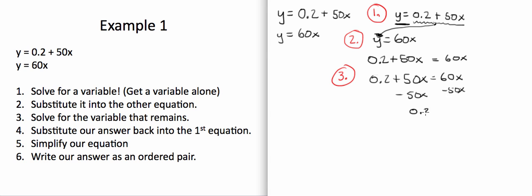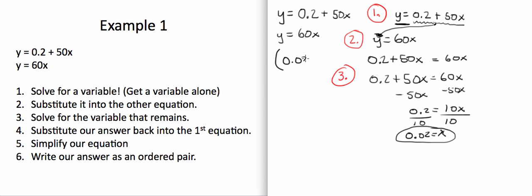So we have 0.2 is equal to 10x, and we divide by 10. We get x is equal to 0.02. That would have been a really hard number to find by graphing alone.